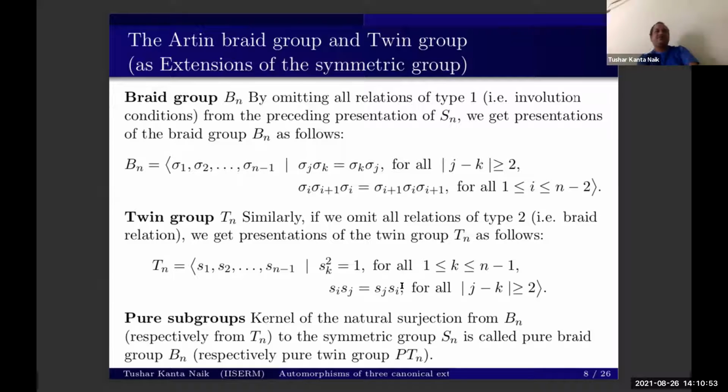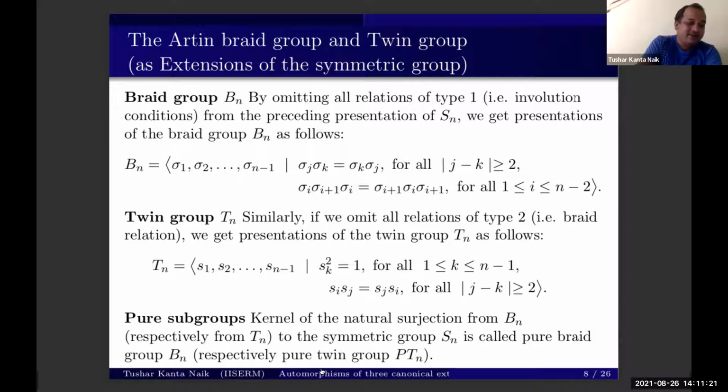As all of us know, Artin braid groups are celebrated objects which appear in many areas of mathematics and theoretical physics. Braid groups appear in knot theory, and in theoretical physics the braid group corresponds to the Yang-Baxter equations. I will not go into the details in this direction, as I'm not an expert in this area.